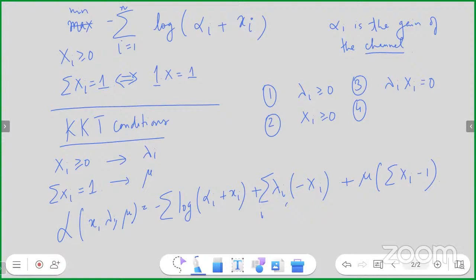What is the derivative of the first one? The other one is not the same. We should do the minus. But the minus is bad. What else? Plus minus mu. Yes, ma'am.